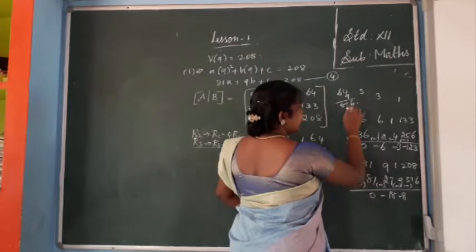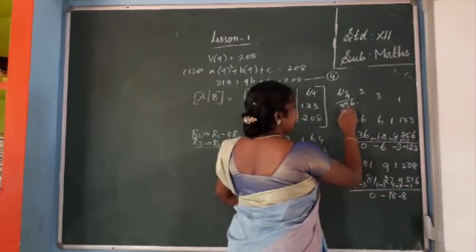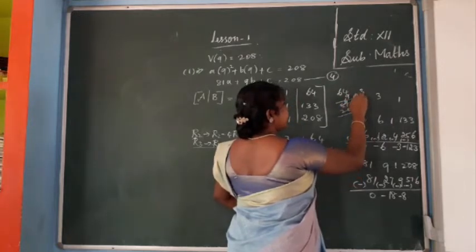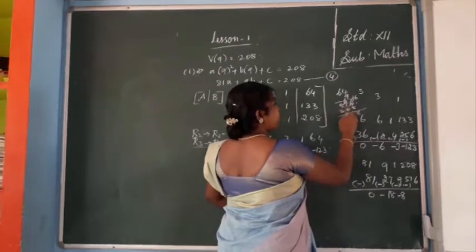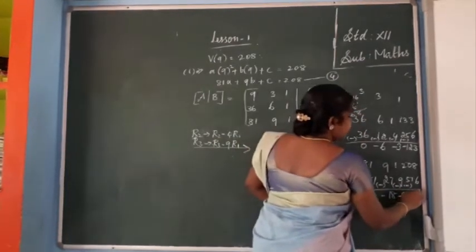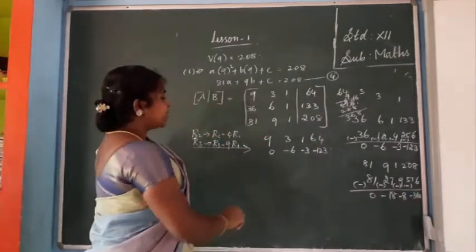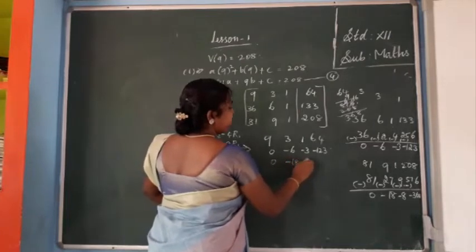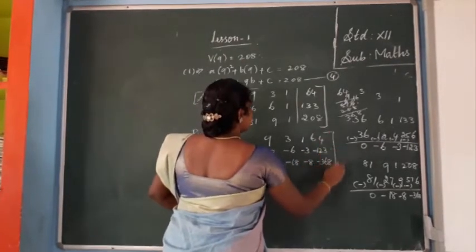Then 576 minus 208: subtract, 16 minus 8 is 8, 6 minus 0 is 6, 5 minus 2 is 3. So minus 368. So 0, minus 18, minus 8, minus 368.